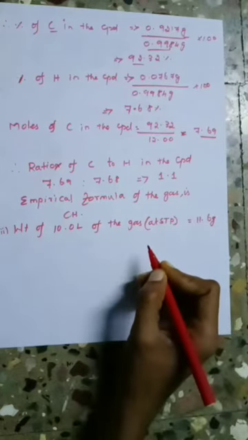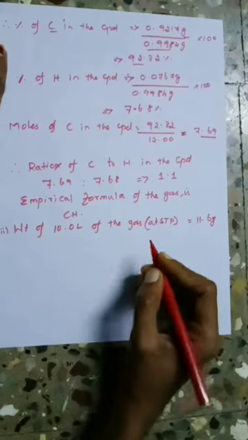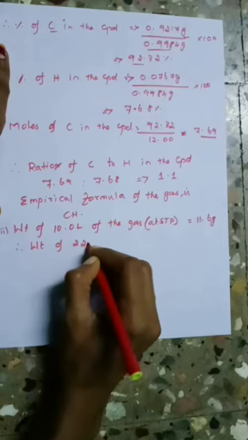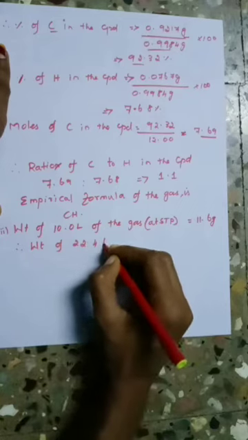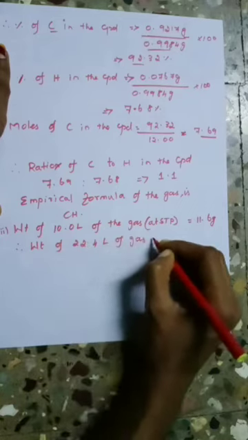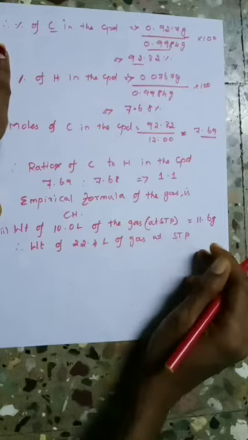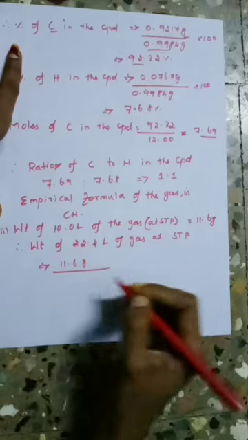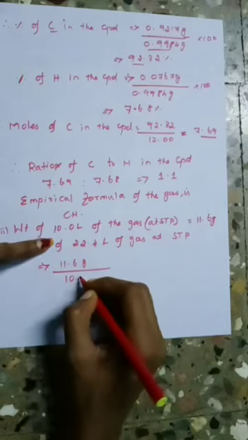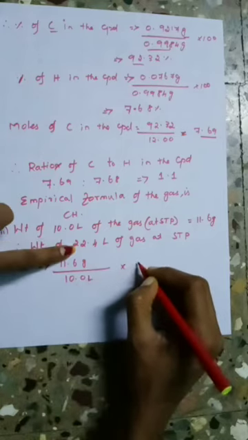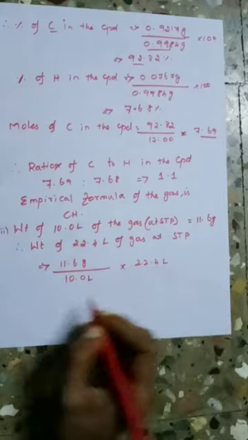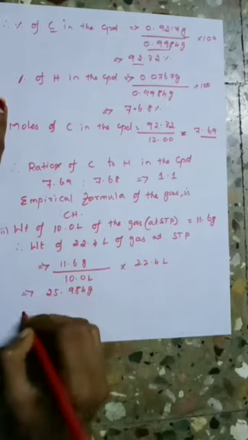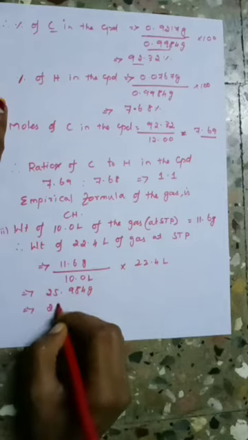These values are already given in the question. Therefore the weight of 22.4 liter of the gas at STP is 11.6 gram upon 10.0 liter multiplied by 22.4 liter. The final answer is 25.984 gram. When we round off, we get 26 gram.